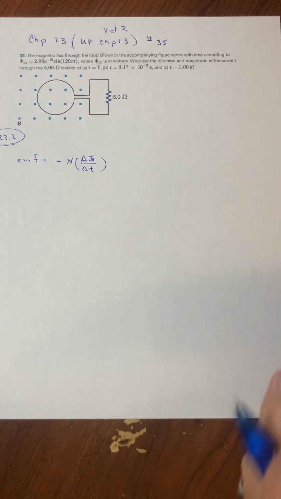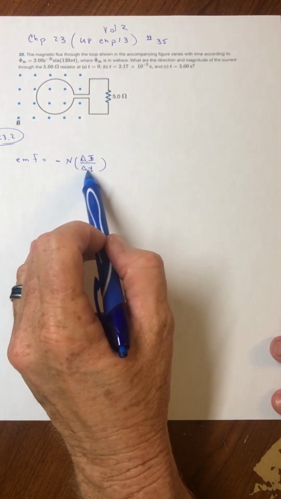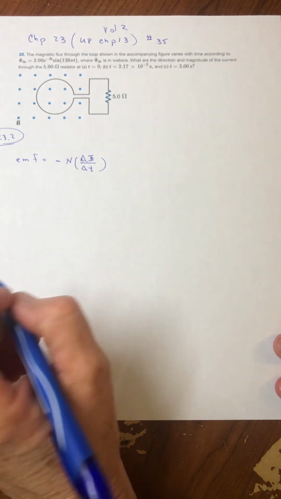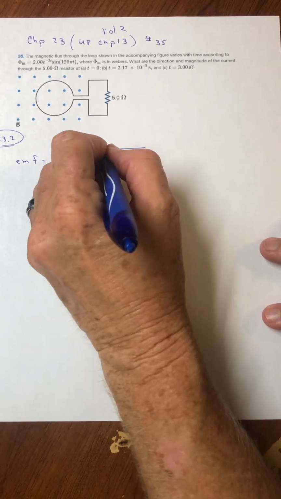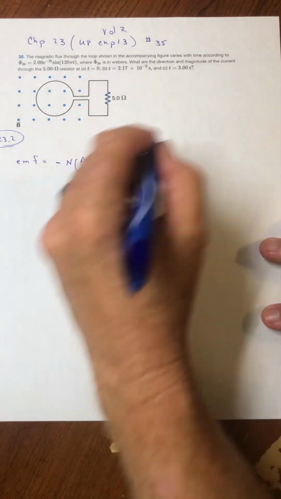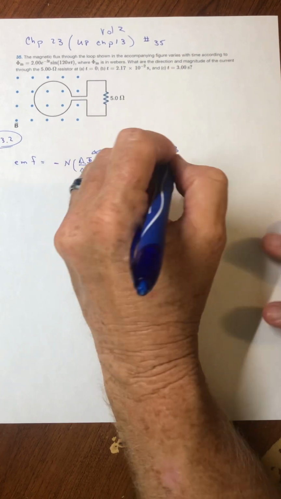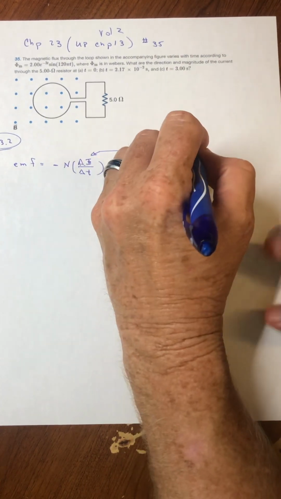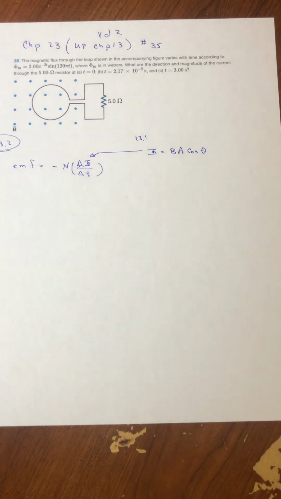So when you say that in words, how does the flux change with time? Now, going back one equation, 23.1, the flux is the magnetic field times the area times the cosine of the angle between the fields.